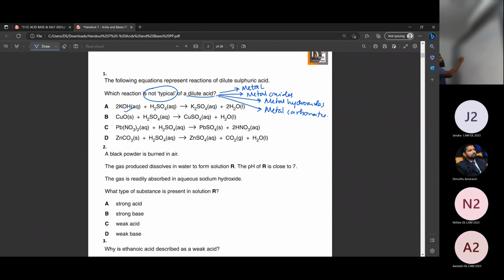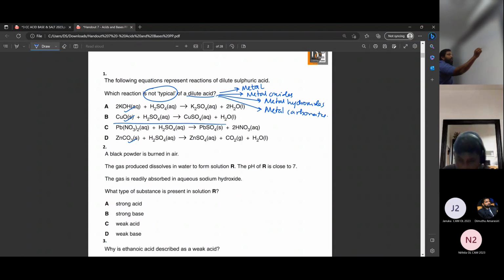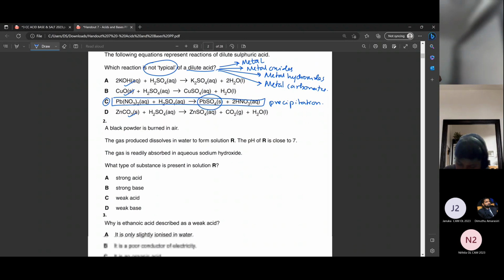This is a hydroxide, this is an oxide, this is a carbonate. So all these are neutralization reactions. And this one, as we learned today, is a salt, and you're preparing an insoluble salt. This reaction is called a precipitation reaction. Precipitation is not very typical for acid reactions. Therefore, the answer is C.